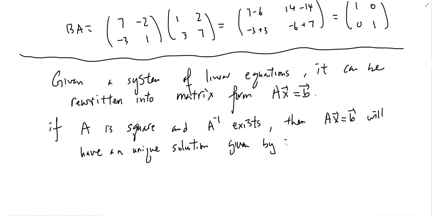And what I just wrote defines the condition for a unique solution: if you have a square matrix that has an inverse, then you will have a unique solution. Now, if you think about it on the flip side, that would imply that it would have either no solution or infinite solutions if the matrix is not square.